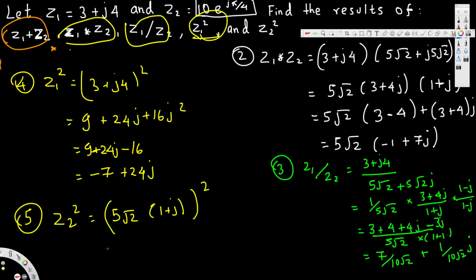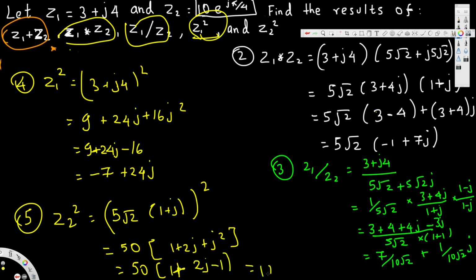If we square, we will end up with 25 times 2, 50, and if we square this one, it's going to be 1 plus 2j plus j square, and that gives us 50 times 1 plus 2j minus 1, and that is equivalent to 100j.